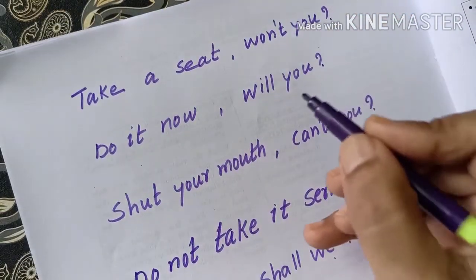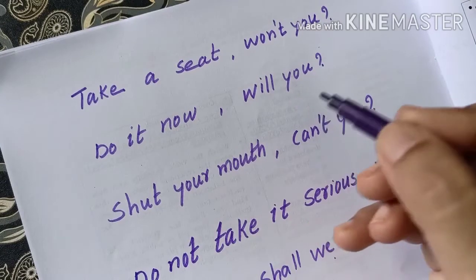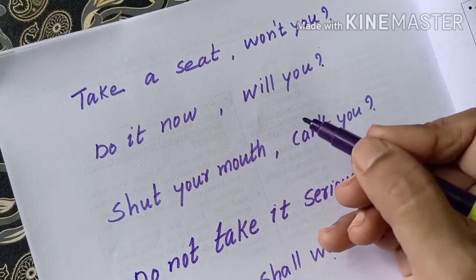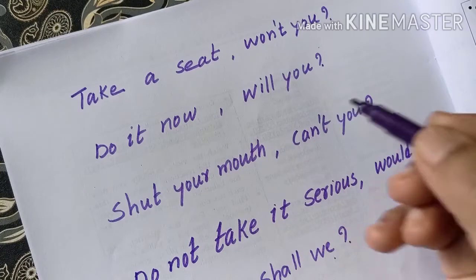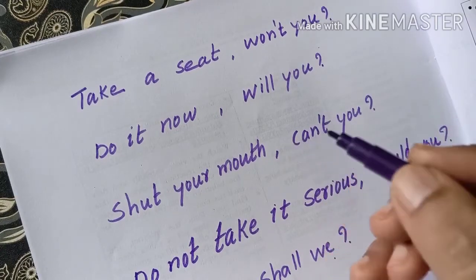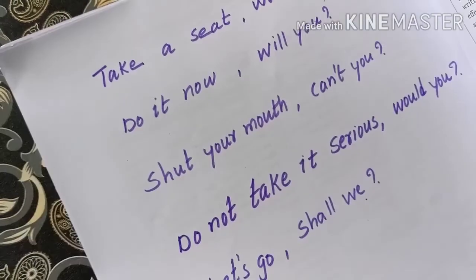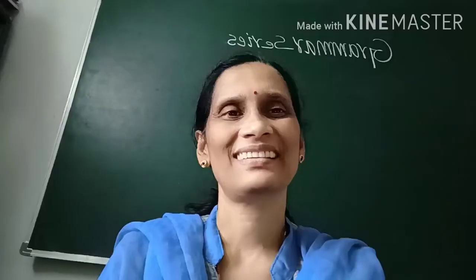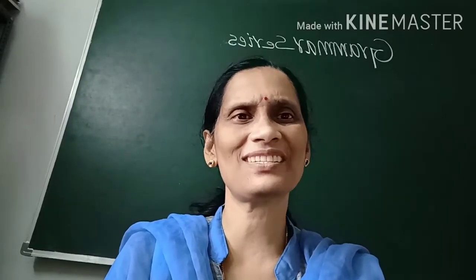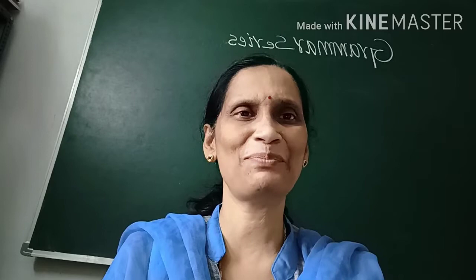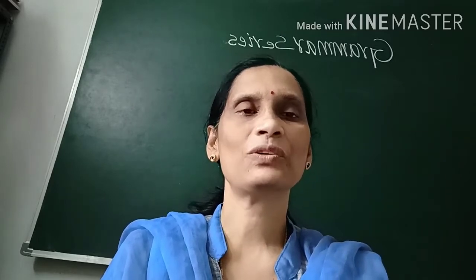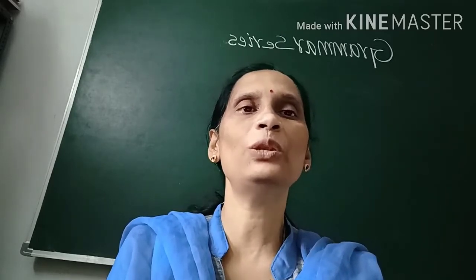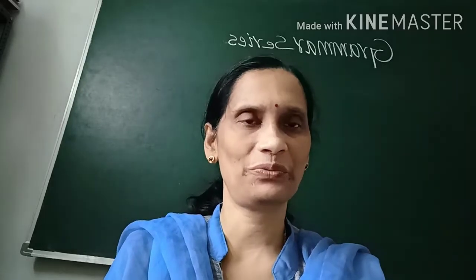And for negative sentences, I am talking only about imperative sentences, you can use will you. So these are the conditions that you should remember. Imperative sentences question tag, I think that is quite simple. Because in general we will use will you and won't you.